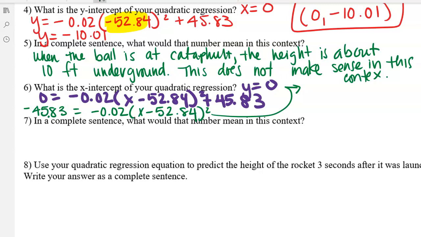So once you have a number, can you throw it out with your group? So now negative 45.83 divided by negative 0.02. Positive or negative answer? Positive. Okay, Hannah, what's your positive answer?